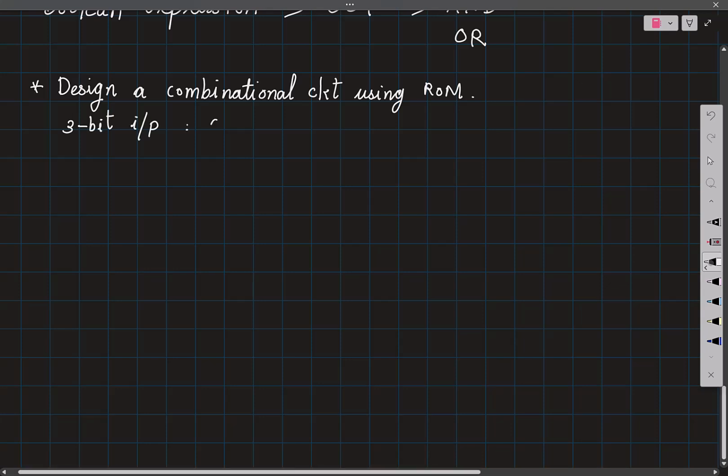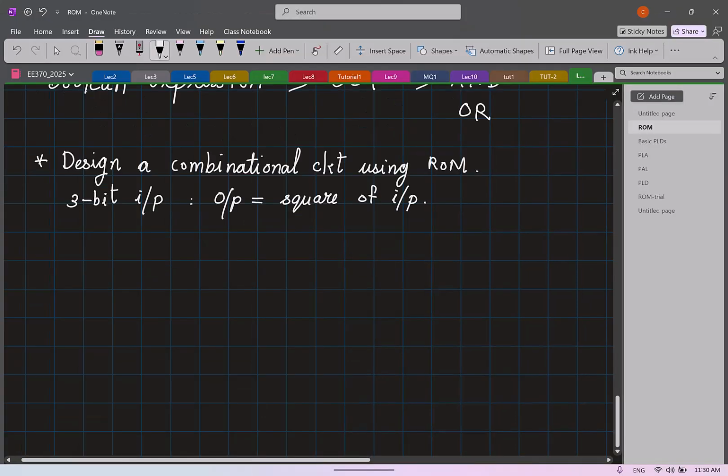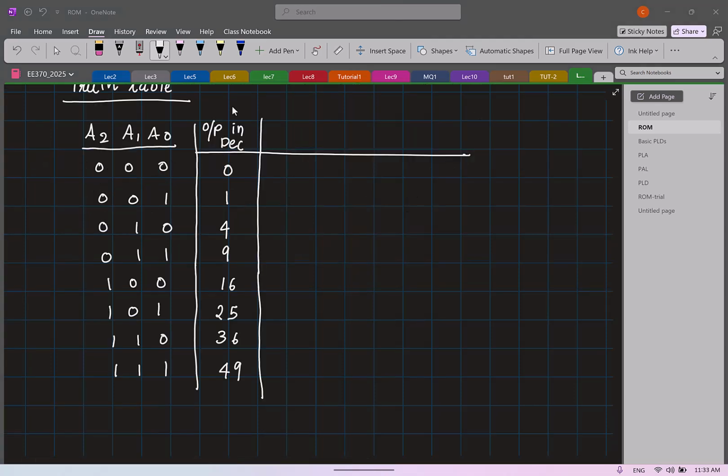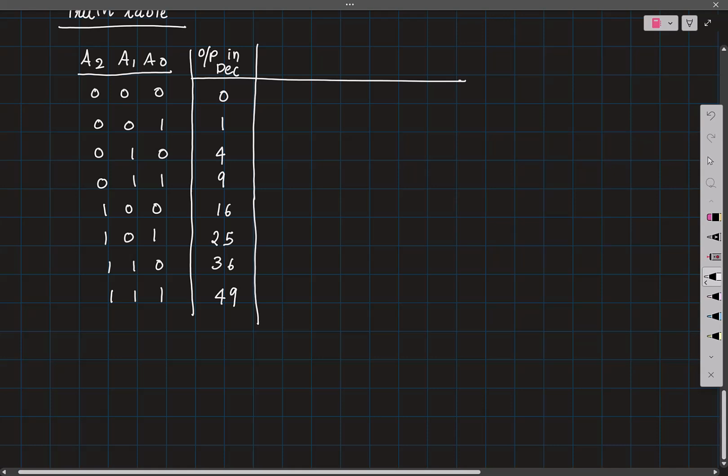The output is the square of the input. Right? So why don't you give it a try? So how many bits do you need at the output? You need 6 bits.